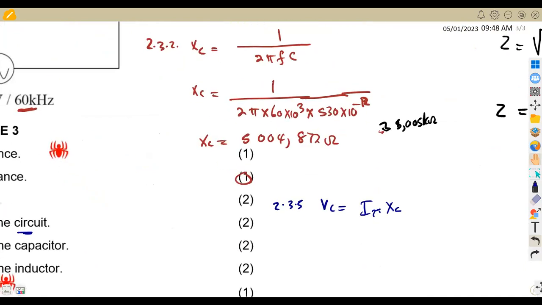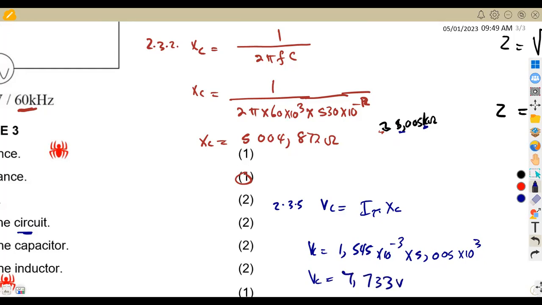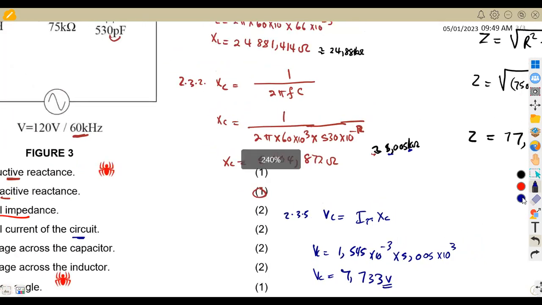So VC is 1.545 times 10 to the exponent of minus 3 times XC, which is this value, or you can just write it as 5 times 10 to the exponent of 3, or you can use this one. It's just going to be an approximated value. All right, so our VC is going to be 7,733 volts. So that is the voltage across the capacitor.